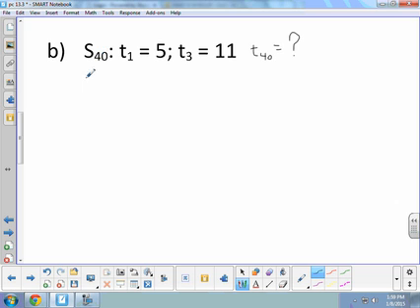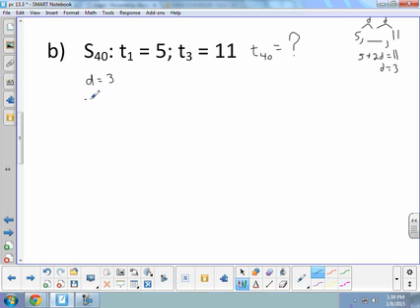I need to figure out my d. They tell us the first and the third term, 5 and 11. That would be going up d, d again to get to 11. So 5 plus 2d would equal 11. If you solve for d, you're going to get d equals 3.